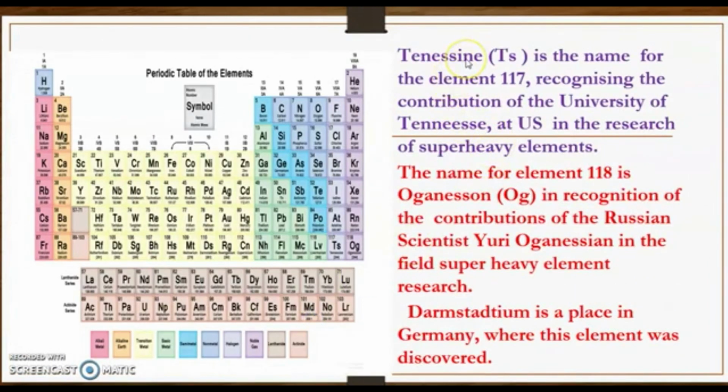Then tennessine is the name for the element 117, recognizing the contribution of the University of Tennessee in the US in the research of super heavy elements. The name for the element 118 is oganesson, in recognition of the contribution of the Russian scientist Yuri Oganessian in the field of super heavy element research.